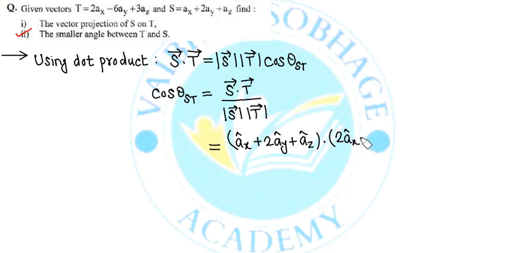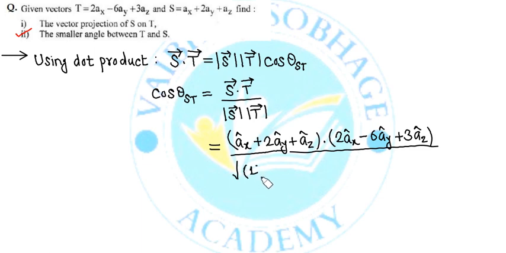2ax cap minus 6ay cap plus 3az cap divided by the magnitudes of the respective vectors. So we have the magnitude of your very first vector to be this 1 square plus 2 square plus 1 square, and what is the magnitude of the second vector?